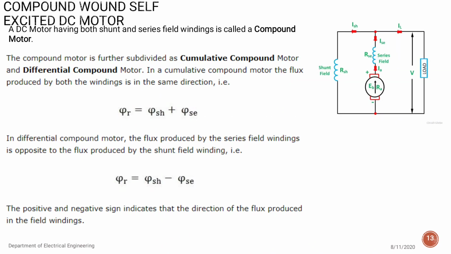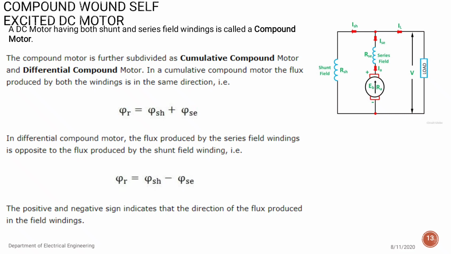Now the last type of DC motor is the compound motor. Compound means what? The motor which has one field winding in series with the armature and another in parallel. We have already cleared the same terms in the DC generator.